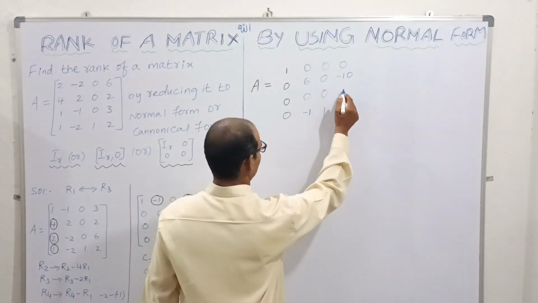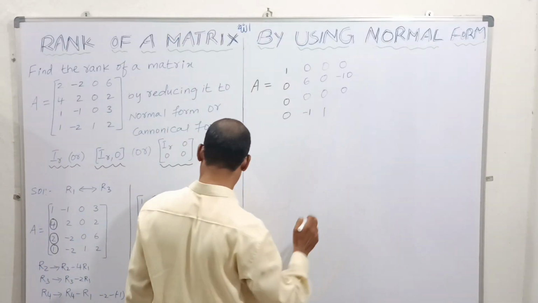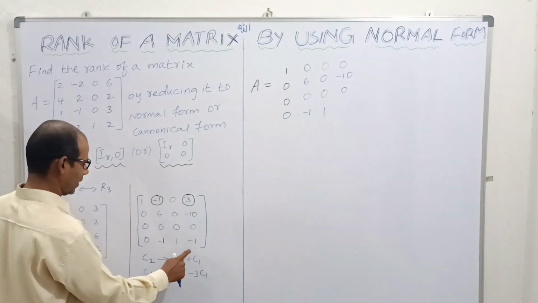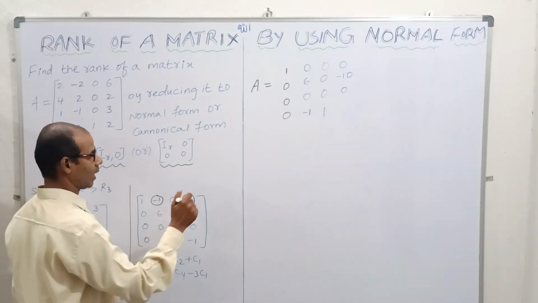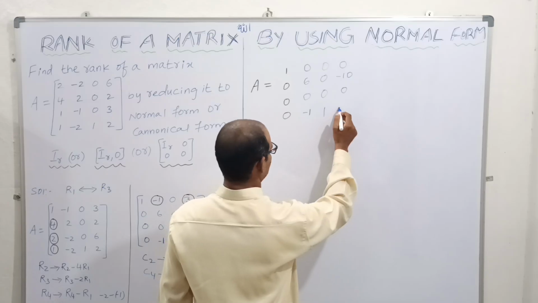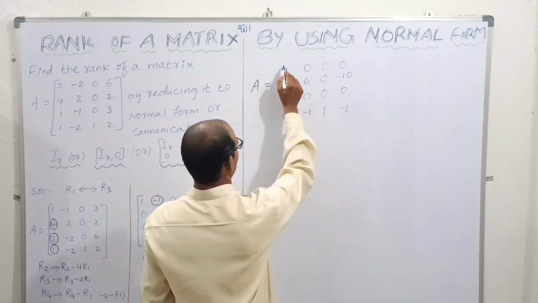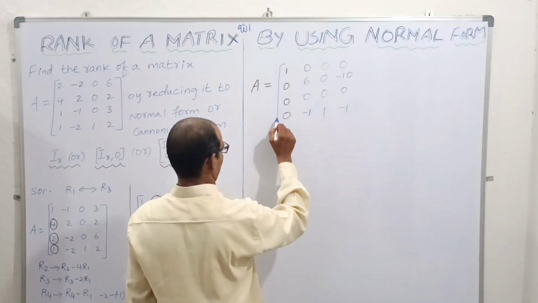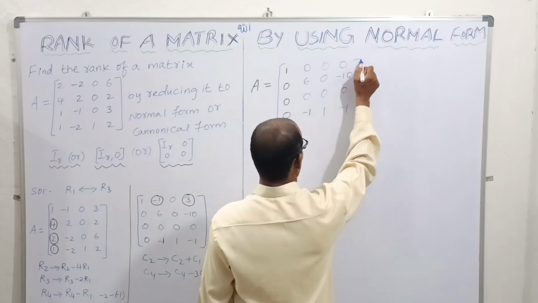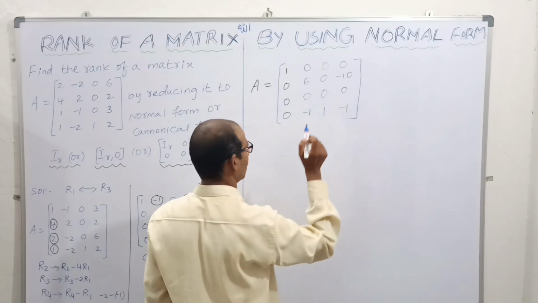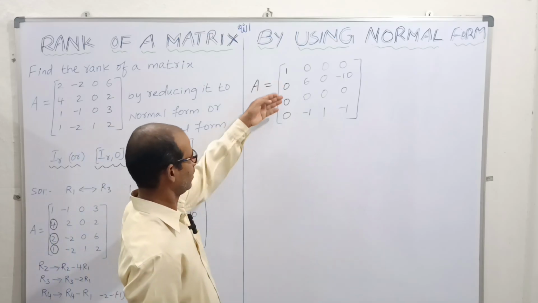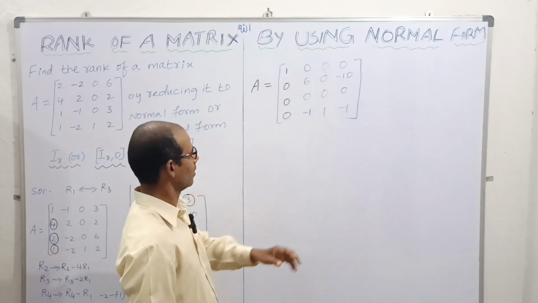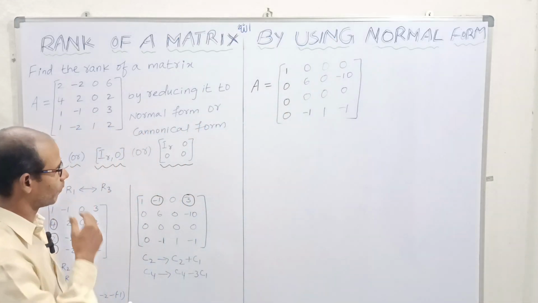That is 0 minus 0, again 0. C4 minus 3C1. Minus 1 minus 3 into 0. So that is minus 1. Therefore, this is reduced. So we made this as zeros and this also as zeros. Okay.